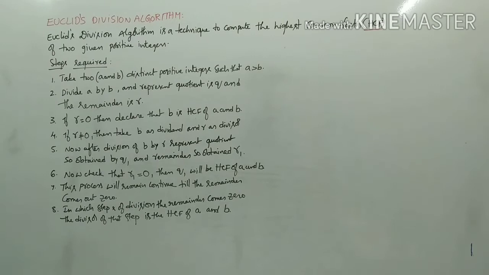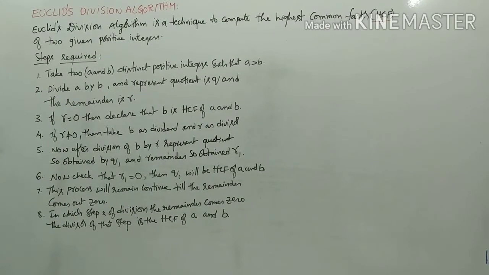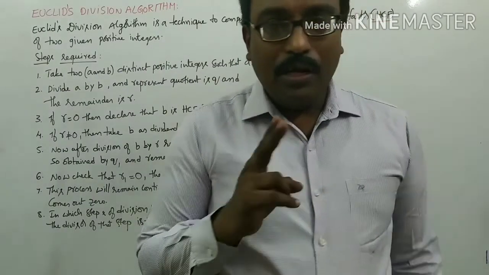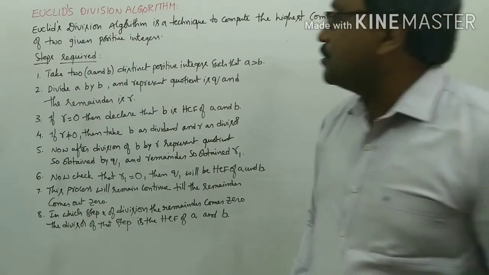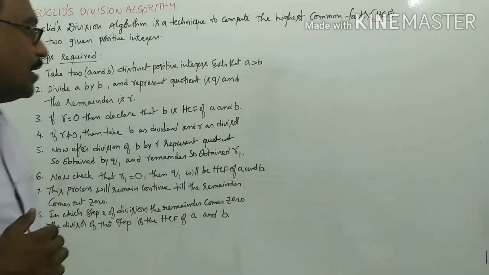Now, what is Euclid's division algorithm? It is a technique to compute the HCF of two given numbers. So, what are the steps required in this division algorithm?